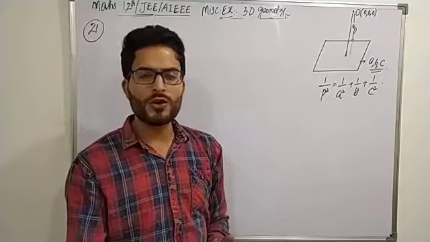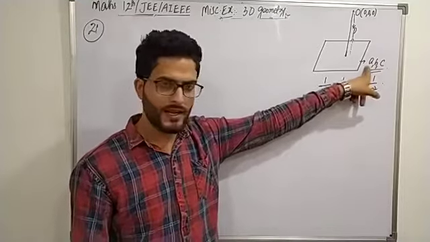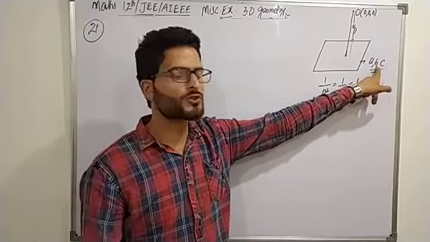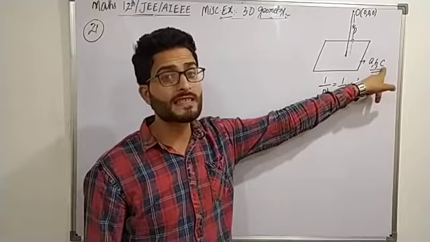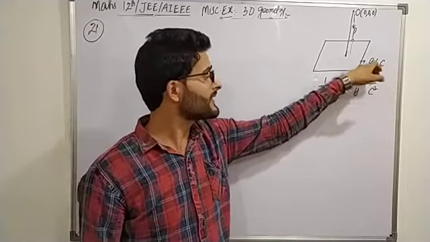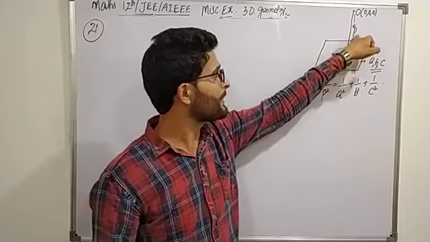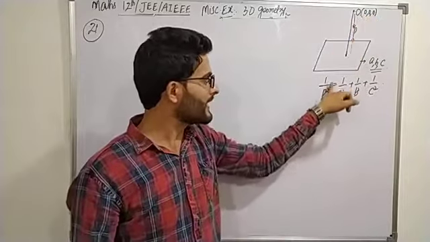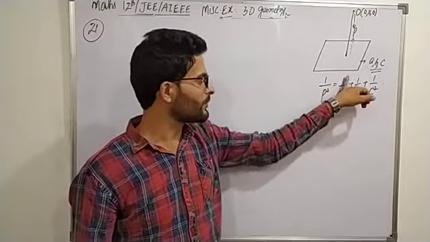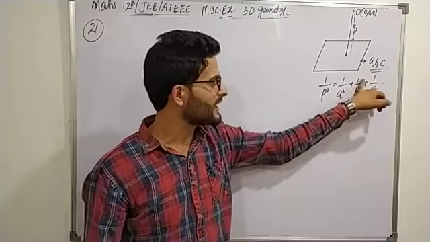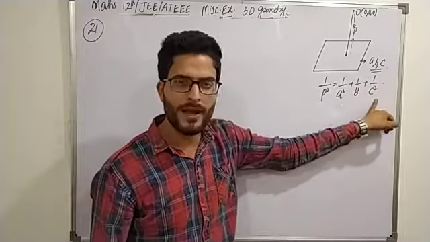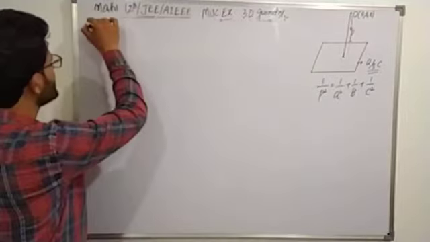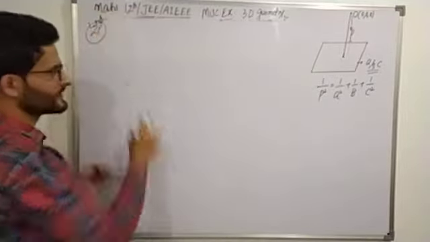Along the positive x-axis, it cuts the intercept A. Along the positive y-axis, it cuts the intercept B. And along the positive z-axis, it cuts the intercept C. And this plane is at a distance of p units from the origin. We need to prove that 1 divided by p square is equal to 1 divided by a square plus 1 divided by b square plus 1 divided by c square. This thing we have to prove. So again, an important question as far as your examination is concerned, right?